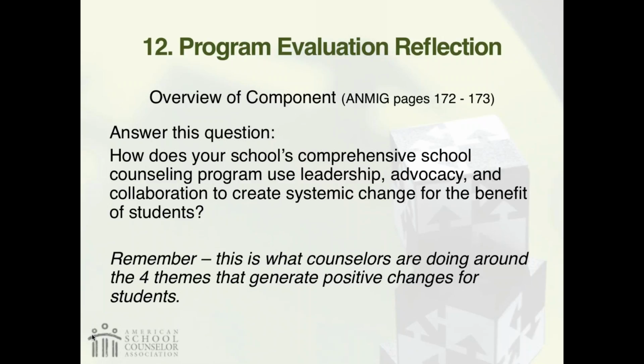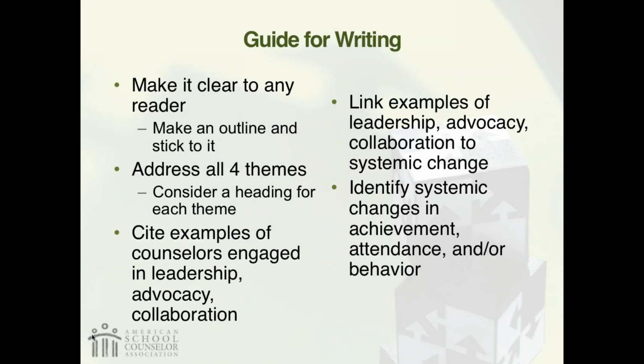That's the focus. So in thinking about writing this section, I think it's really important that you dedicate a paragraph to leadership, you dedicate a paragraph to advocacy, you dedicate a paragraph to collaboration, and then the 4th paragraph talks about how those skills led to systemic change and how they impacted students.